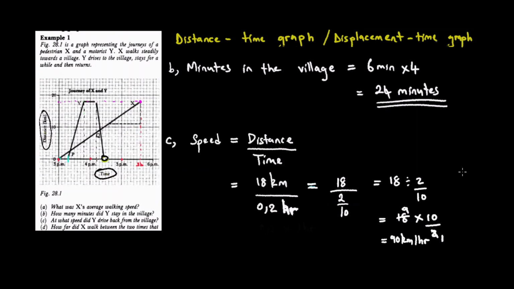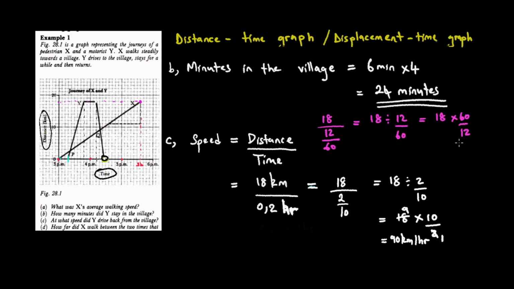In your own time you can try to do the calculation using 18 kilometers over 12 over 60 hours. You are going to get the same answer. Or let me do it just to seal it off. 18 over 12 over 60 is equal to 18 divided by 12 over 60, which is 18 multiplied by 60 over 12.